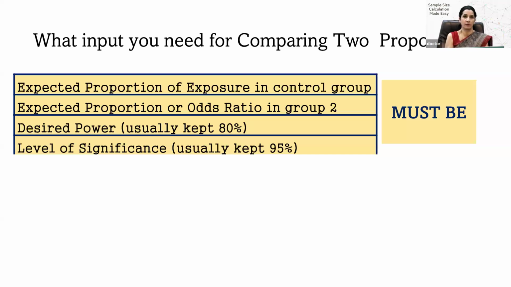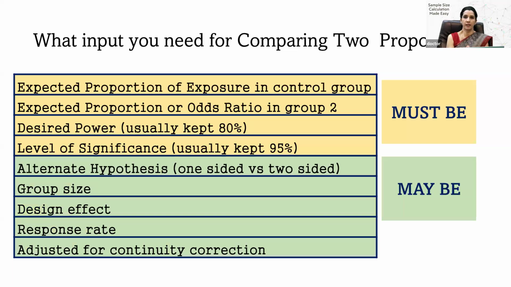And then you can calculate. For desired power, you can keep it at 80%, anything more than or equal to 80%. You will see that many people keep it at 90%, 95%. And then the other is the level of significance. Generally you keep it at 95%. And then again, it depends on the alternate hypothesis, one-sided or two-sided.